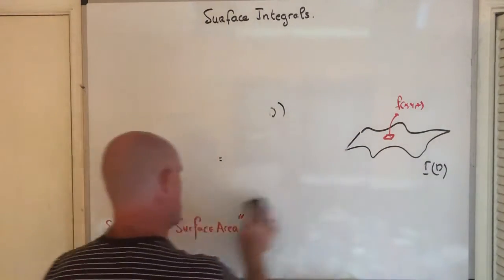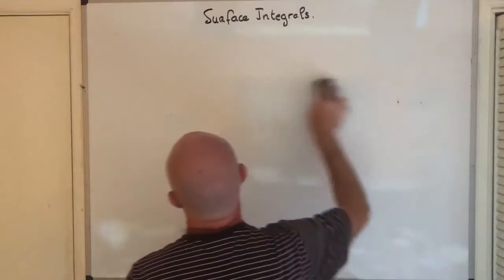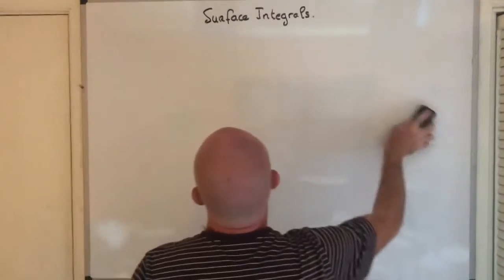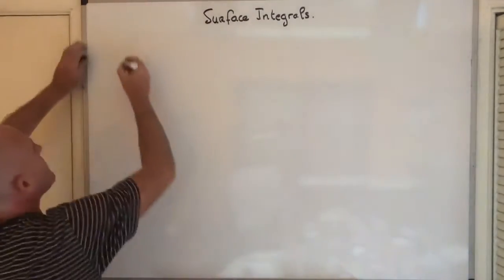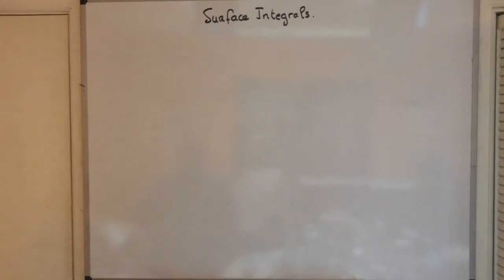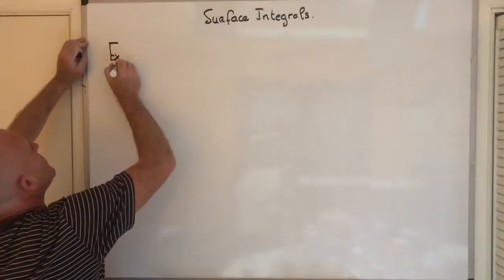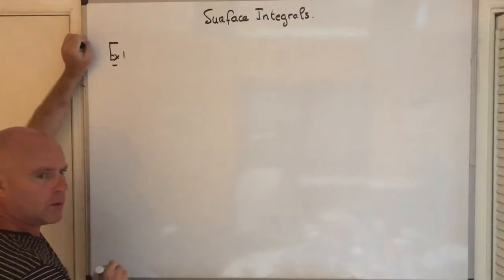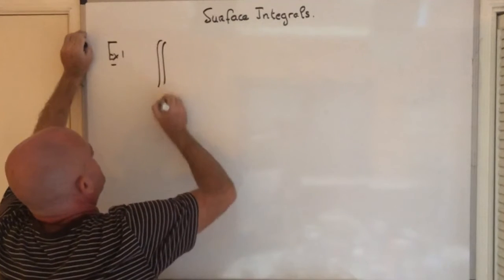I erase the formula that we will need to remember. So example 1 again. As I said, example 1 treats the case of a surface integral over the unit ball. So we are asked to compute this.